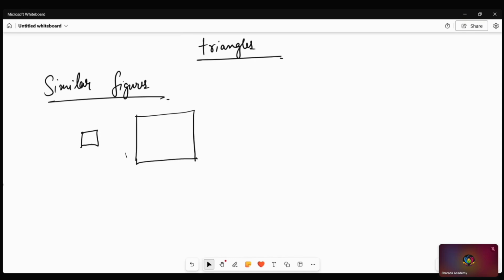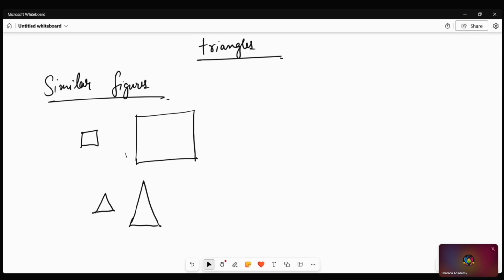But in triangles, it is not always so. So we will study about the similar triangles. Similar triangles means the shape will be the same, but their size can vary. That is what they used to do in paintbrush and all. One triangle we used to enlarge, or reduce the size.